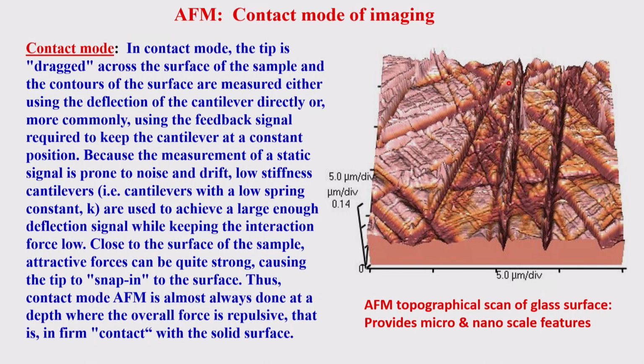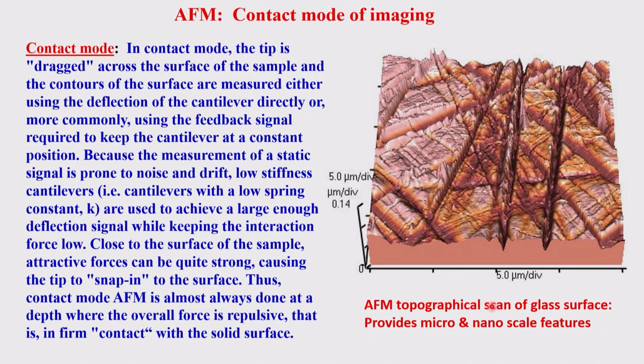So in this particular picture, as you can see, the range is 5 micron by 5 micron, with 0.14 micron in the z direction. So you can call this the depth, and this is your area. This is an AFM topological scan of a glass surface.